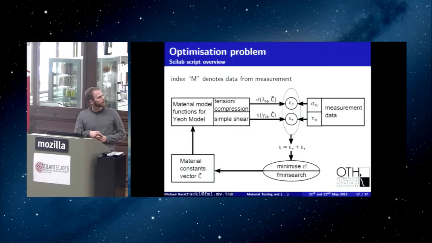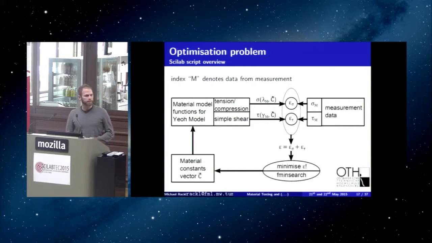Compute the engineering stress in tension and compression, as well as for simple shear, and compare it to the measurement data using two area criteria. I will talk about the area criteria on the next slide, because for any optimization it is important to know what the quality function looks like, and in this case the quality function was just adding up these two errors.